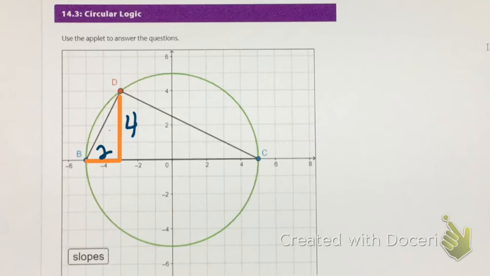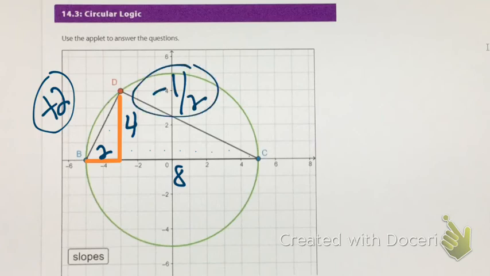This one goes a change in y of 4, change in x 1, 2, 3, 4, 5, 6, 7, 8. So now I can see the slopes of these guys. This one is 4 over 2, which is 2. That's positive. And over here, this one's 4 over 8, which is 1/2, and it's negative. Opposite reciprocals, those are perpendicular, ladies and gentlemen. They meet at a 90-degree angle.